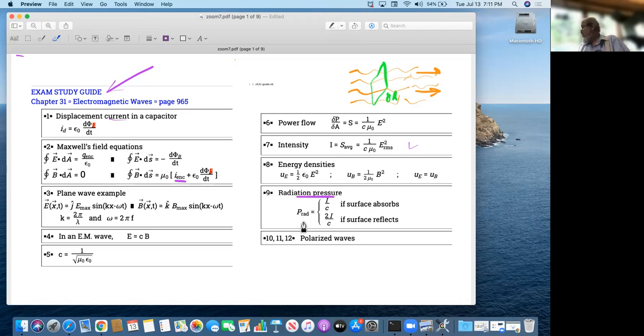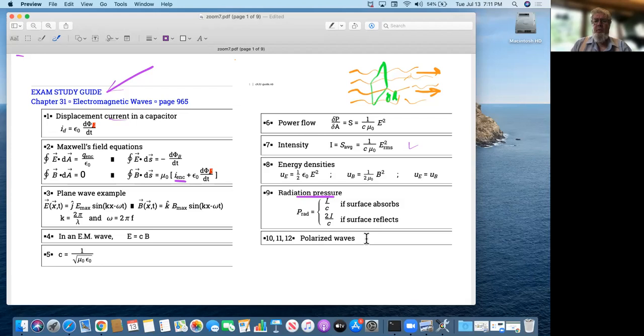But on the other hand, if the surface reflects all the momentum, then the pressure is twice as large. It's 2 times the intensity divided by the speed of light for a shiny surface.